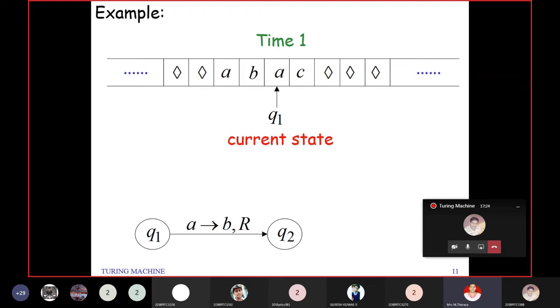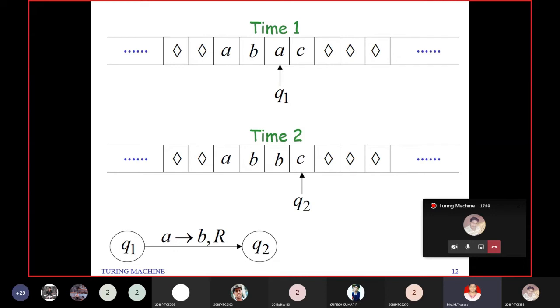At time T1, you have A, B, A, C in the input tape, but the current state is Q1, and the tape head is pointing to the third input symbol A. If so, suppose you want to replace that A by B, and you want to move right, then the head is pointing to the right symbol.